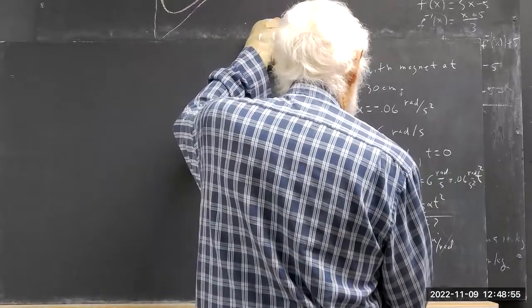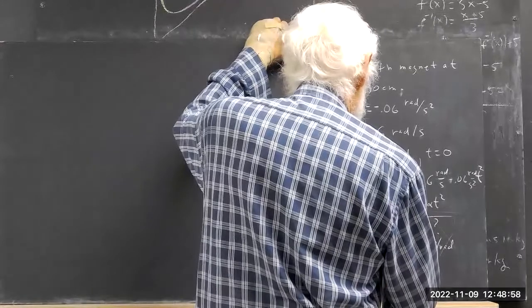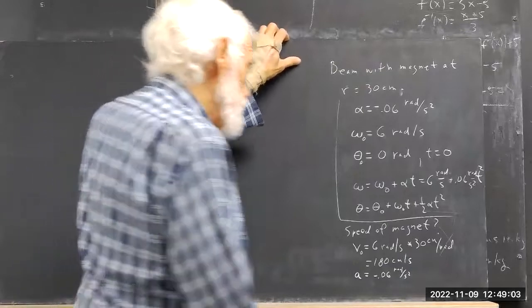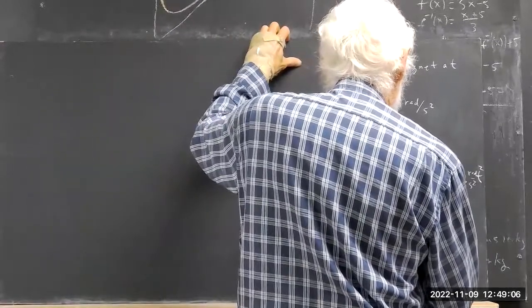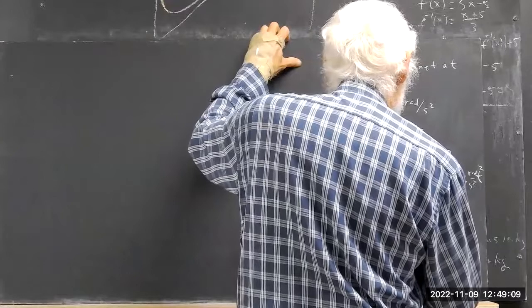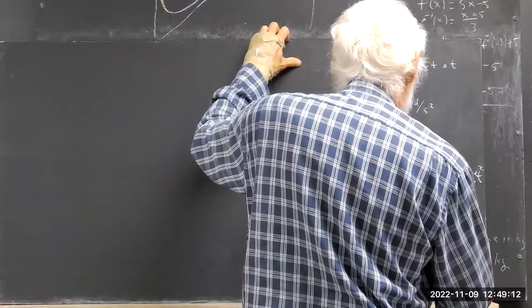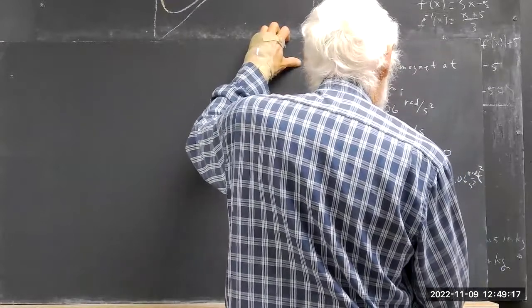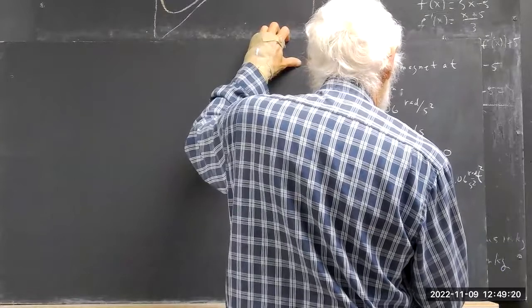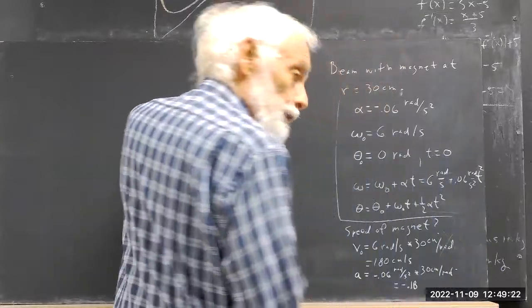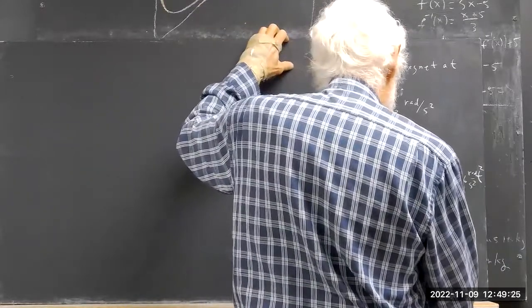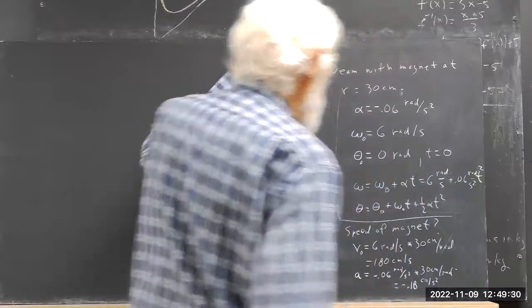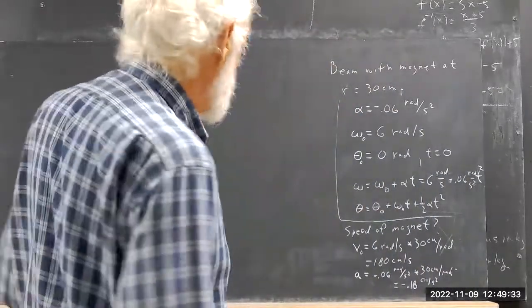It's negative 0.06 radians per second squared times our good old 30 centimeters per radian equals negative 0.18 centimeters per second squared.